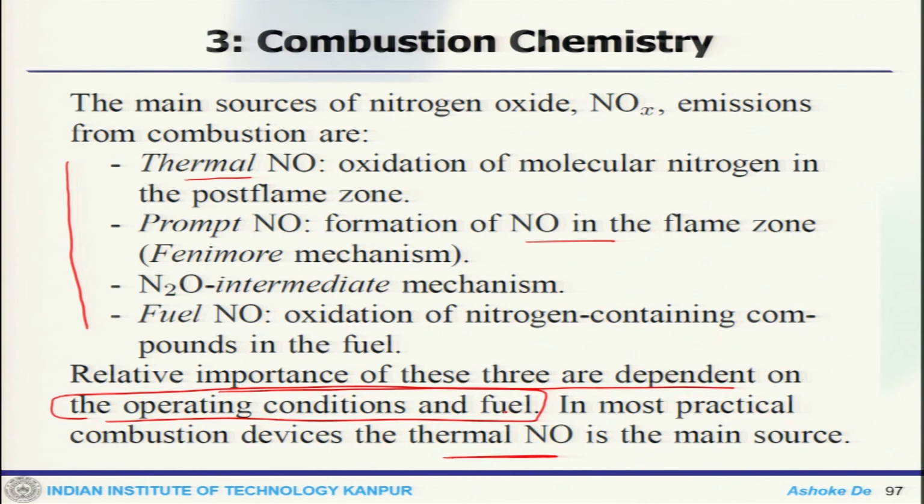Then in the flame zone you can have prompt NO, and that also depends on the operating condition. No matter what it is, all these things depend on the operating condition, and then depending on the fuel, or in the N2O intermediate mechanism, there could be some NO formation.